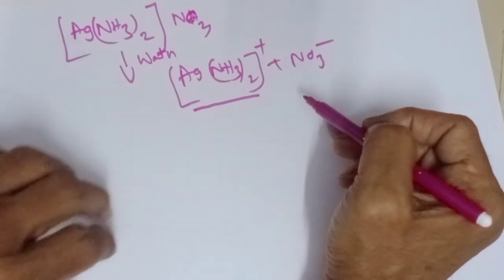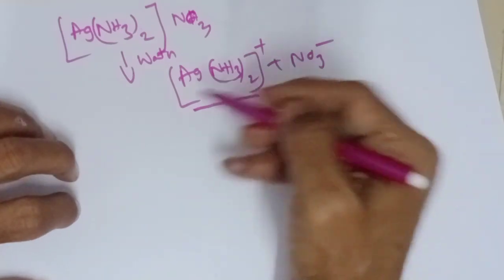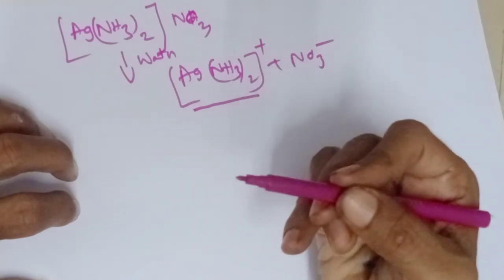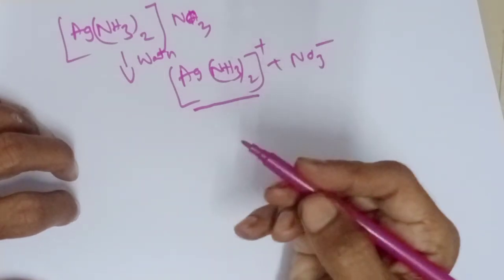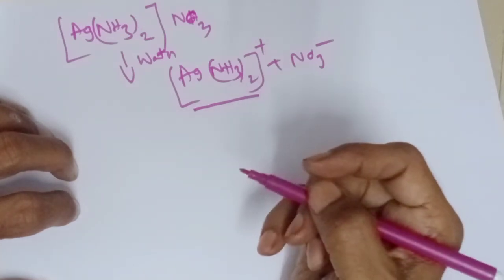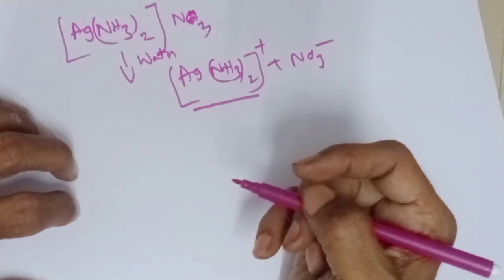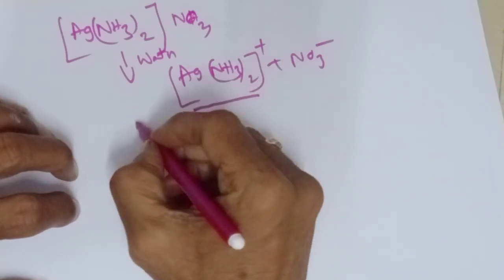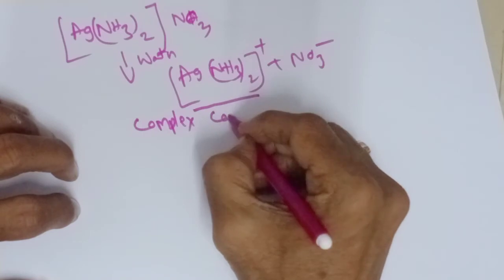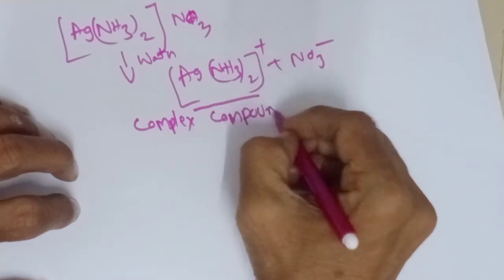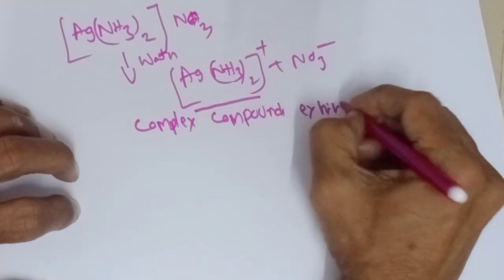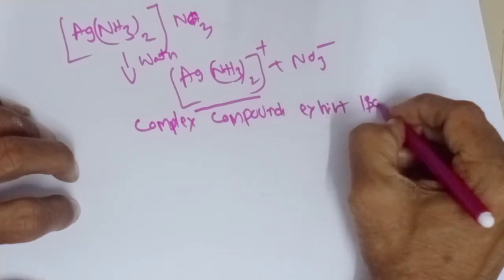So double salts do not exhibit any isomerism, but complex compounds exhibit isomerism.